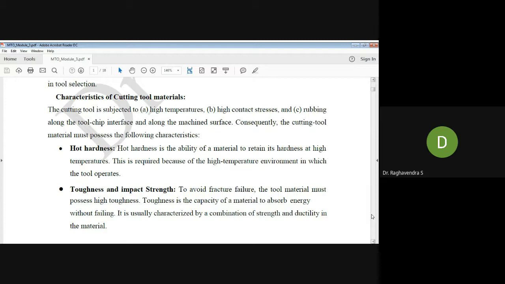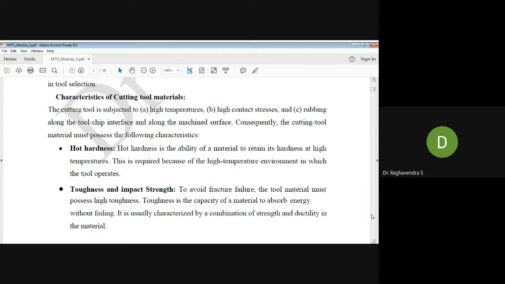It will withstand very high temperature. If I used steel, aluminum, or some other material near the exhaust, what happens because of the high flame and temperature? The whole thing will melt down. So to avoid that, they use high temperature resistance material. Similarly, in the cutting tool also, the material should withstand high temperature.